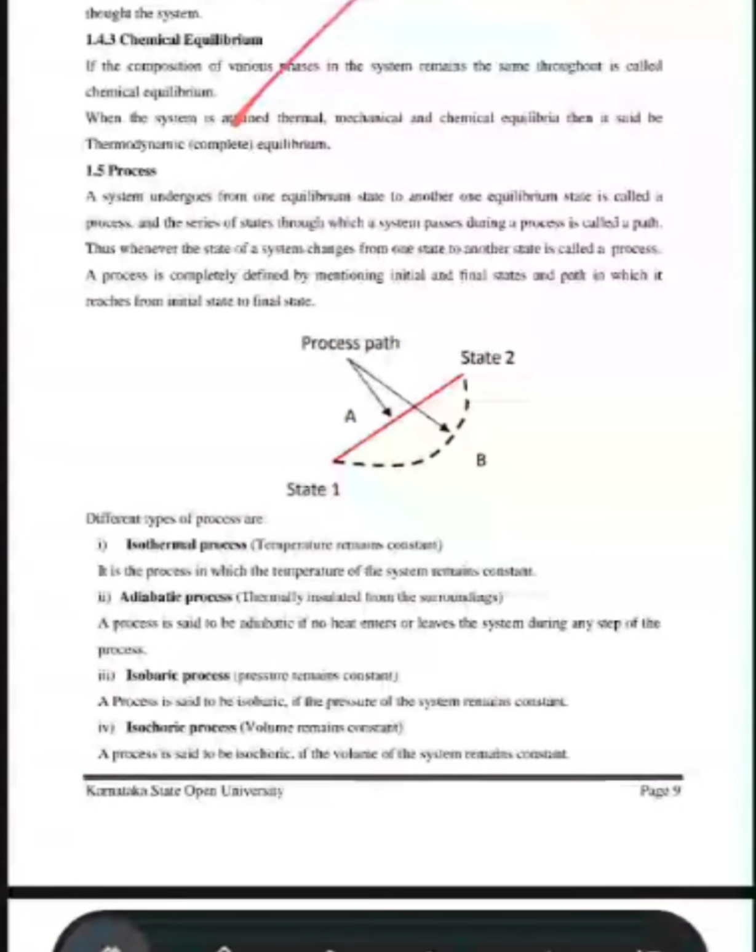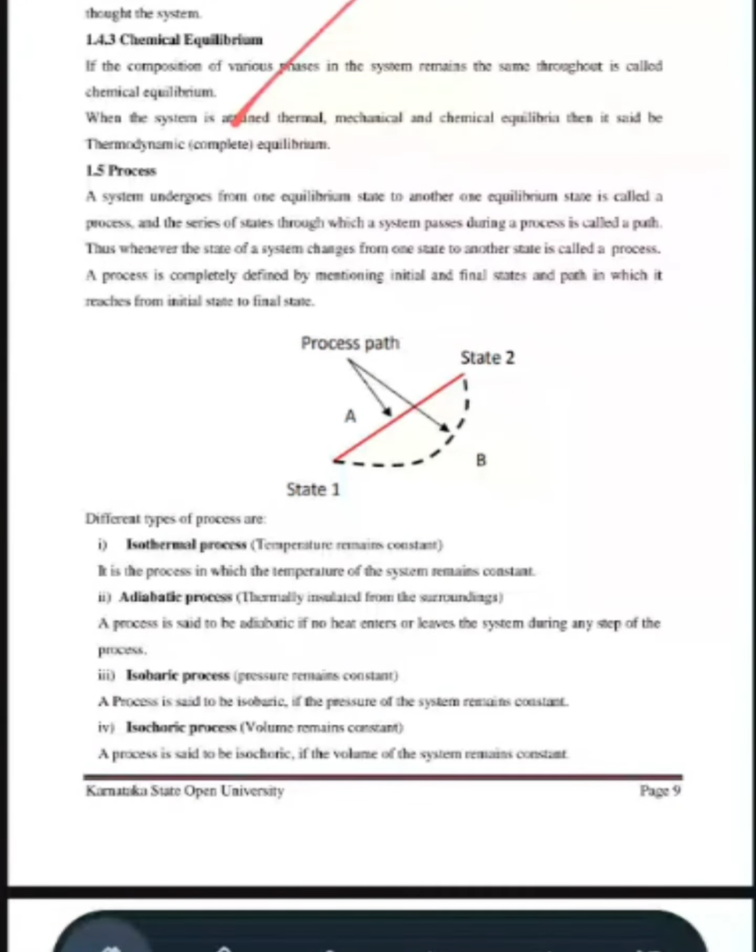If there is no flow of heat from one portion to another portion of a system, that is thermal equilibrium. With respect to mechanical equilibrium, a system is said to be in mechanical equilibrium if there is no mechanical work done on one part of the system by the other part.